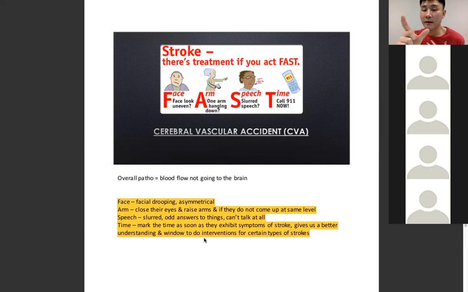For example, we can only give this medication within 3 hours of when they show signs and symptoms of stroke. That's why time is important when we assess this patient. When the patient is showing signs and symptoms of stroke, we have to note the time.